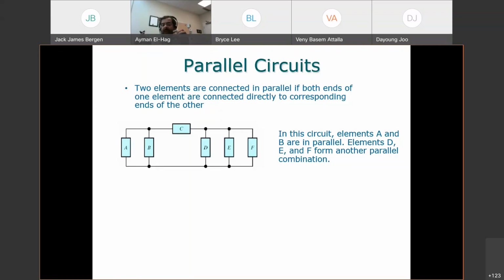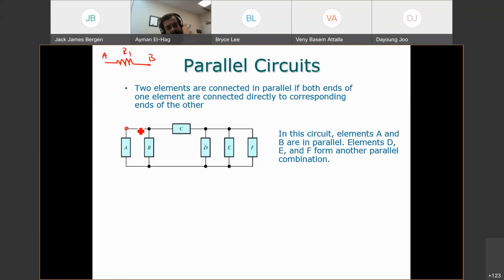Each element has two ends. So for example, if I have a resistance here, it has two ends, end A and end B. This resistor R1 is connected in parallel with another resistance R2 if both ends are the same. They share the same ends. If you look at A and B, we agreed that this node and this node are the same.